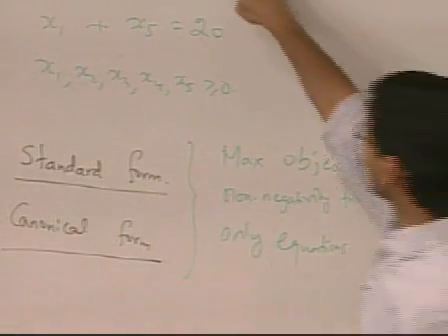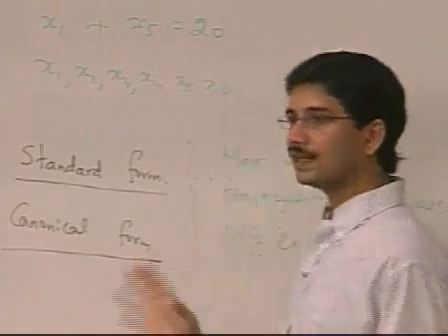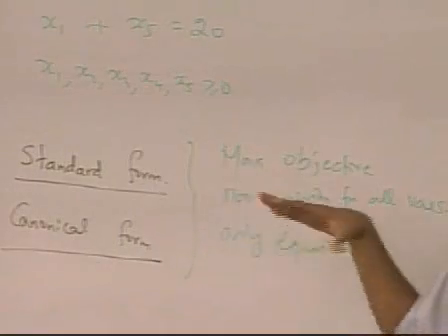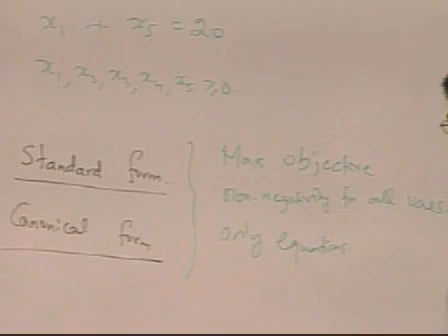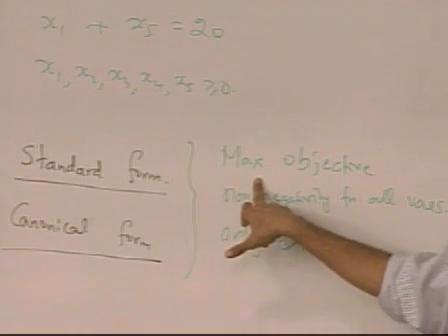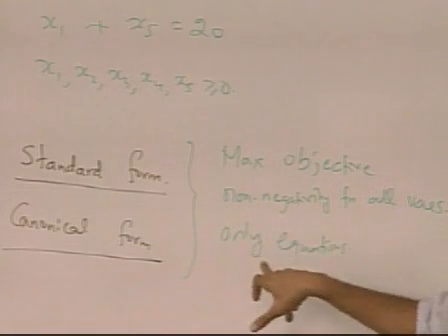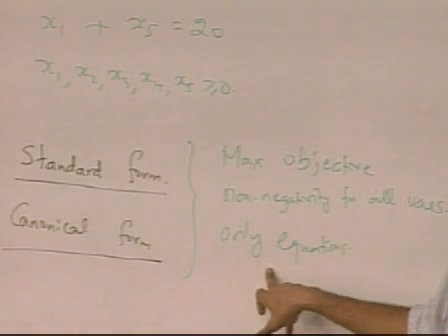Only equations, no inequalities. So any linear programming problem is said to be in standard form for our purposes, for this class, if its objective function is a maximization objective function, if all the variables are constrained to be non-negative, and every constraint is an equation.